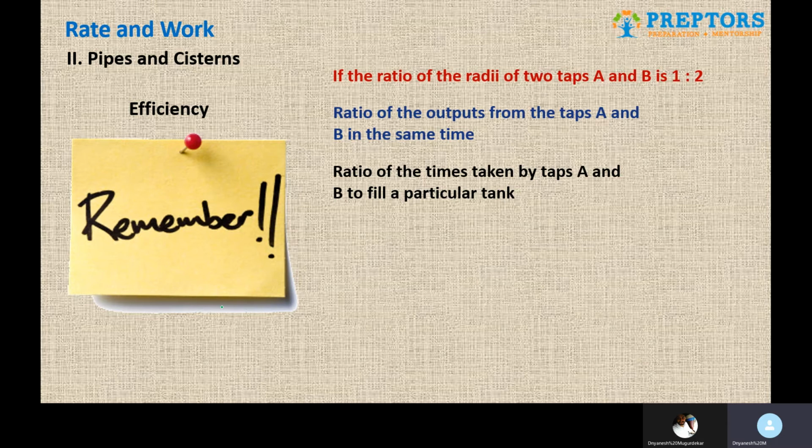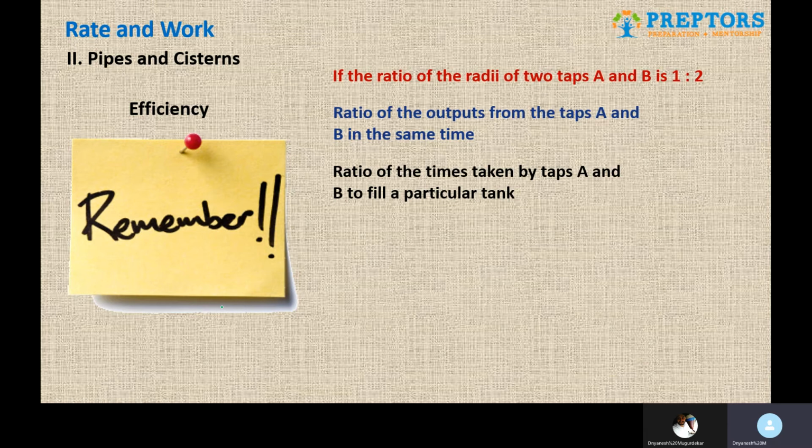Output from the tap, in simple words, is the area of the circle. We know the formula, which is pi r square. One of the radii is 1. If I do pi r square, the square of 1 is 1, I get just pi. And the other has a radius of 2, so pi r square, I get 4 pi.